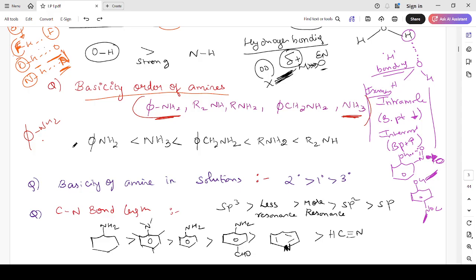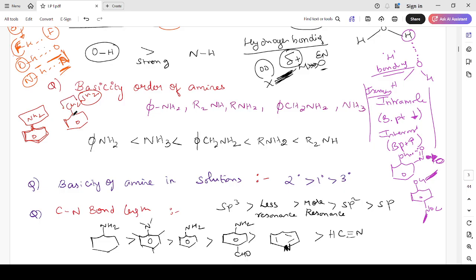Is it directly attached to benzene or attached through CH2 here? Look at this NH2. What is the difference? The NH2 is directly attached to benzene, right? What about here? The NH2 is attached to a carbon which is attached to benzene. So this is an aromatic amine and this is an aliphatic amine. Understood? I can't regard it as an aromatic amine.